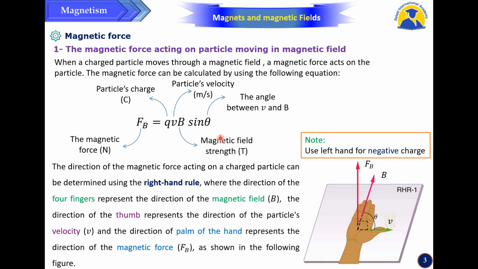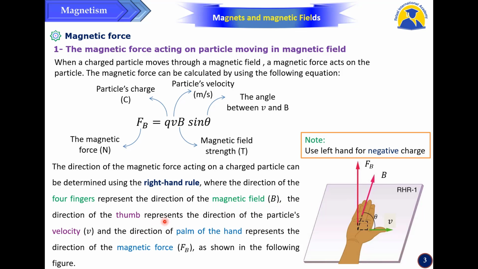Now, to know the direction of the magnetic force, we use the right hand rule. In the right hand rule, the direction of the four fingers represents the direction of the magnetic field. So if this is the direction of the magnetic field, the four fingers will point in the same direction.